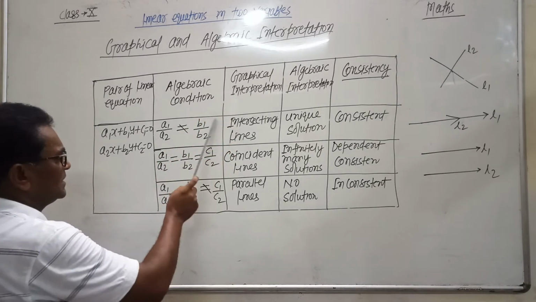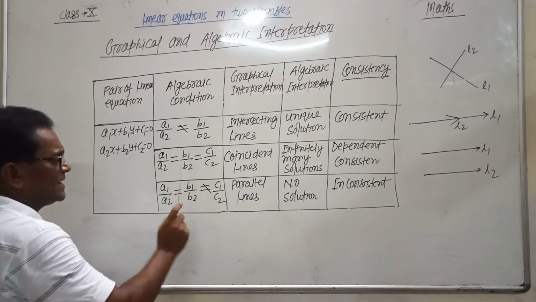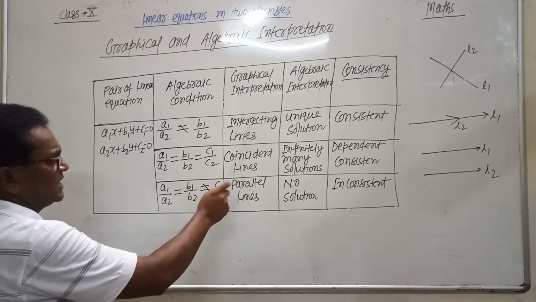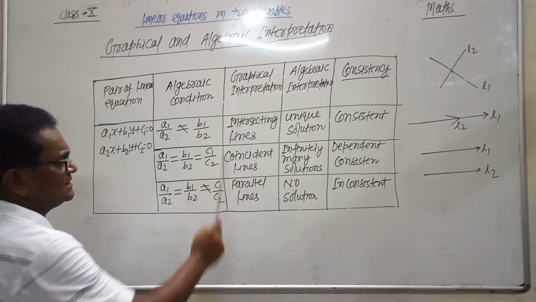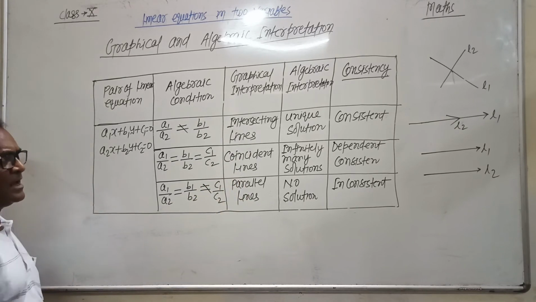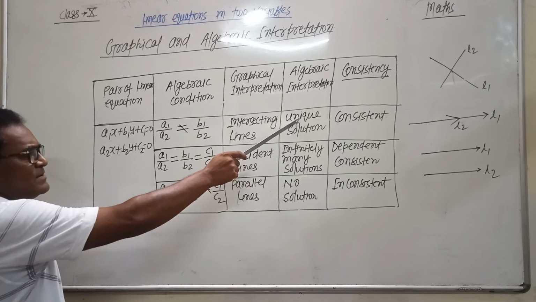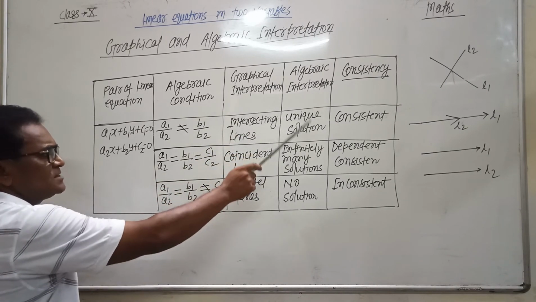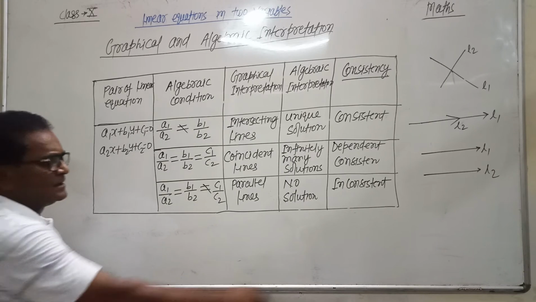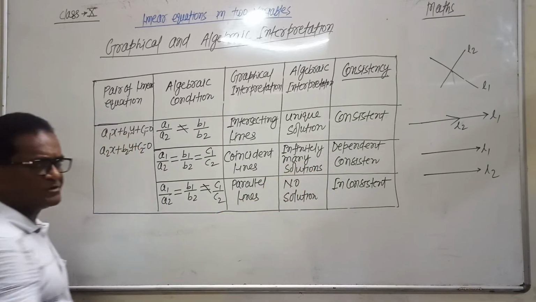Graphical interpretation: if the first condition arises, then graphically the lines are intersecting, and algebraically the solution is unique and it is consistent.